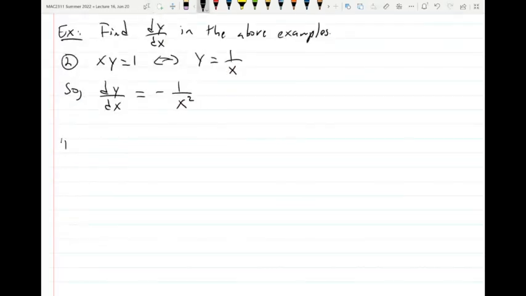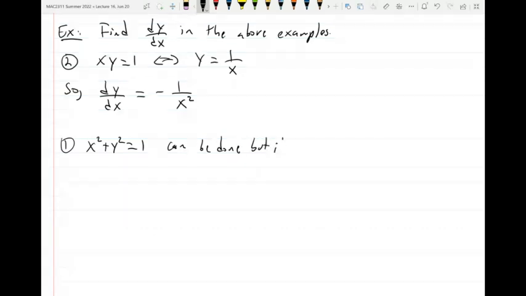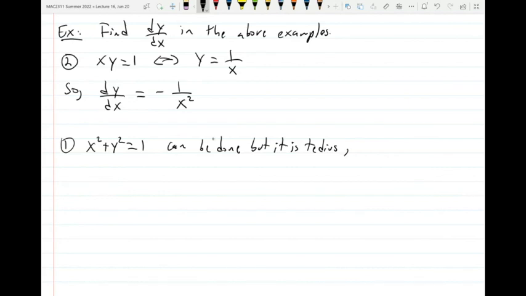So I will say here, number 1, which is x squared plus y squared equals 1. This can be done, but it is tedious. The point is that there is a better way. We will see it soon.